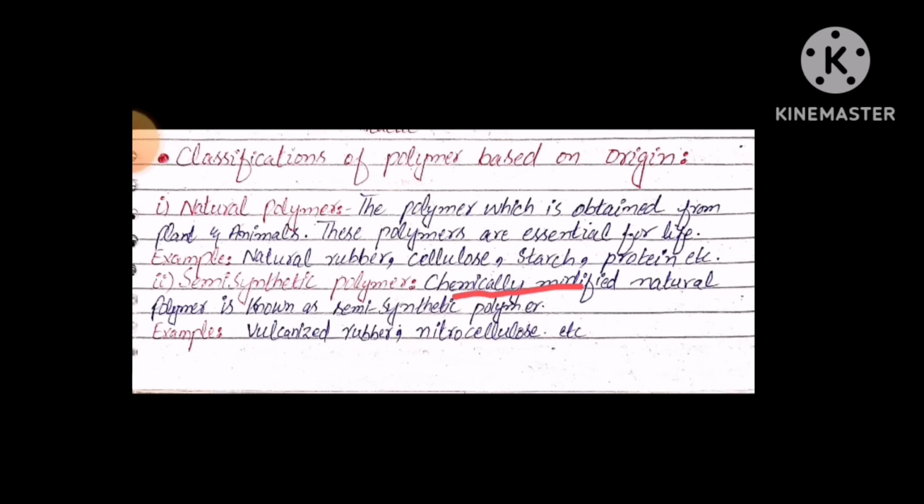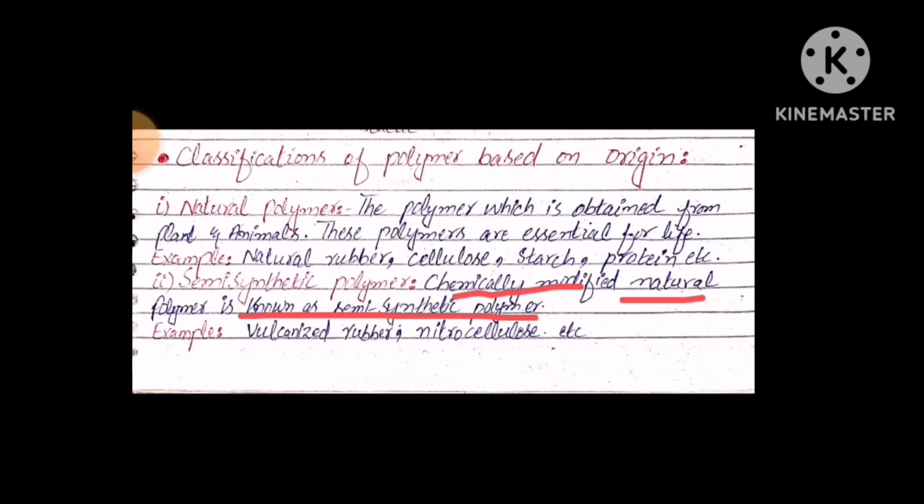A chemically modified natural polymer is known as a semi-synthetic polymer. Students, we have already studied this concept in the first lecture while discussing the history of polymers, where I told you about the scientist Charles Goodyear, who treated natural rubber with sulfur and heat and converted it into vulcanized rubber to enhance its properties.